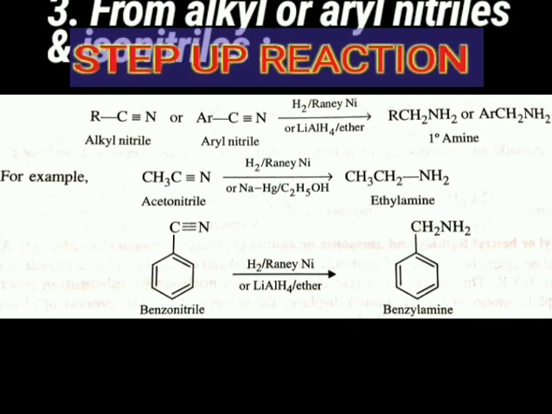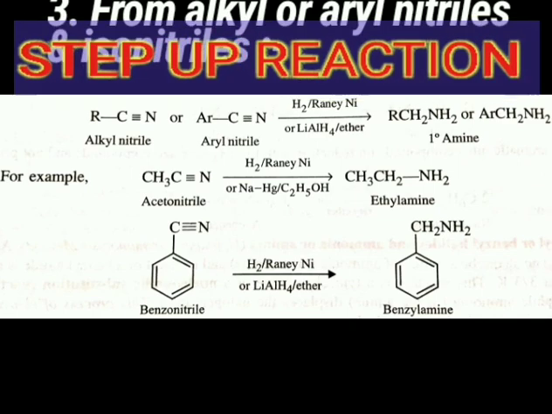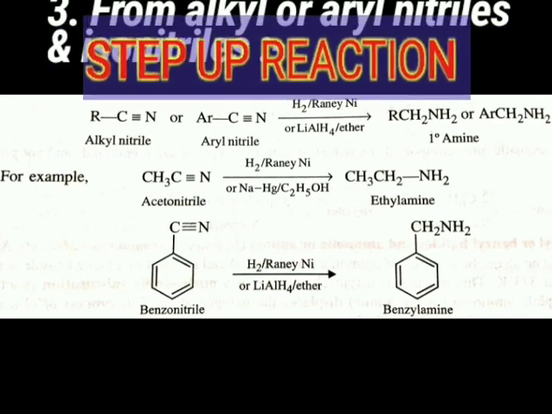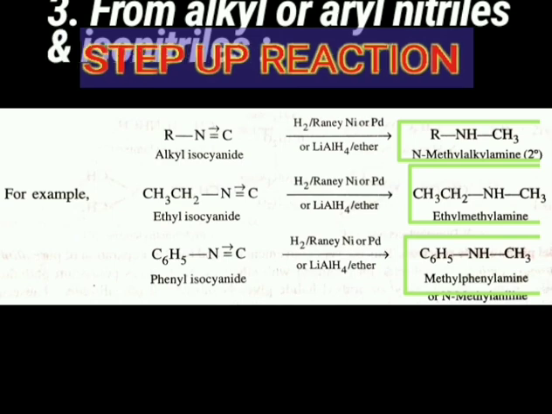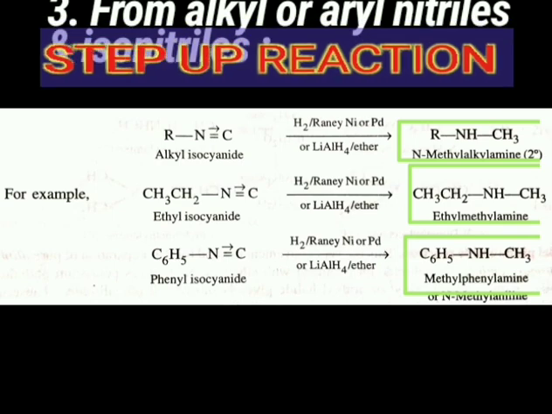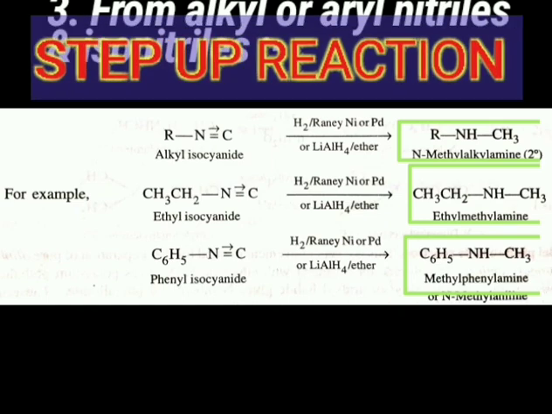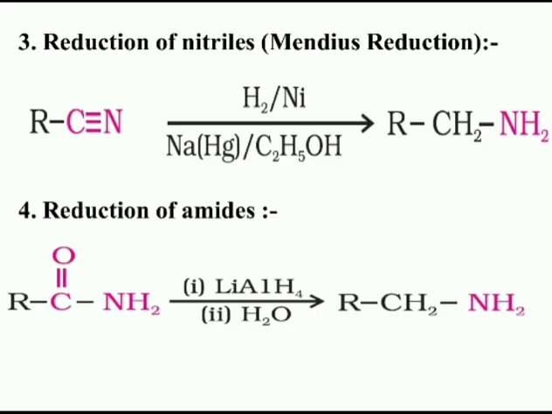In this way, a particular nitrile can be converted into respective amines. But if we take isonitriles or isocyanides as a reactant, then we get secondary amine as the main product.